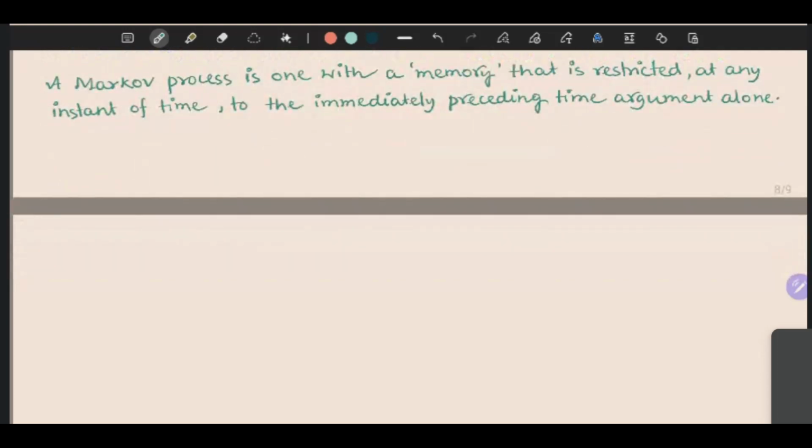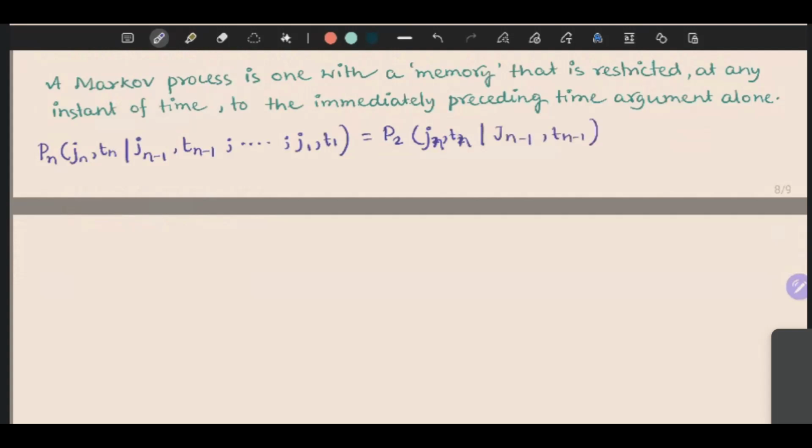So for that we can write easily: the probability of finding state Jn at time Tn, given Jn minus 1 Tn minus 1 and so on down to J1 T1, is equal to P2, of Jn Tn given Jn minus 1 Tn minus 1, for all n greater than 2.